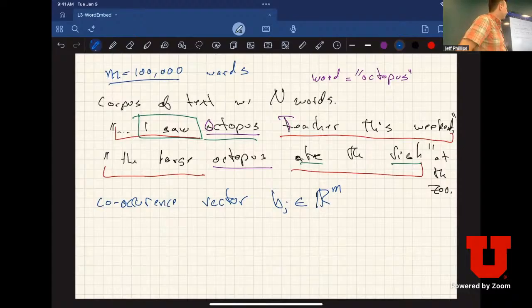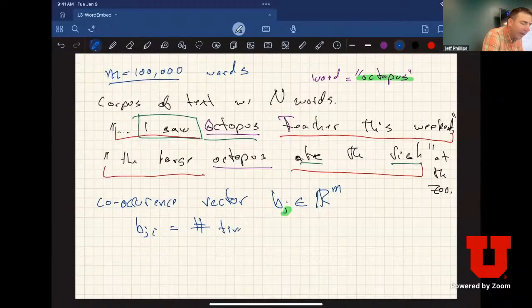And this co-occurrence vector b_j, and here the idea is that the index j is representing the word octopus here. Okay, and so this vector is going to have b_ji be the number of times word j has word i in its context.